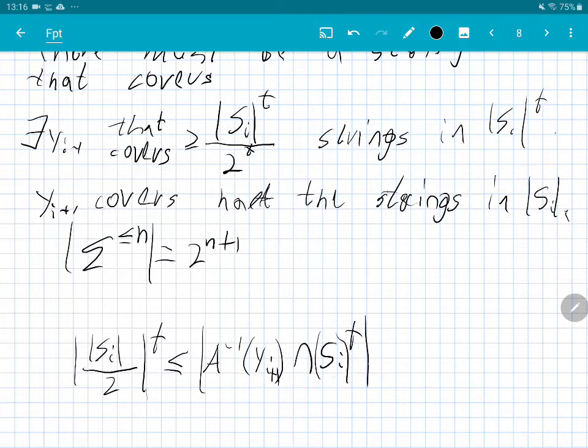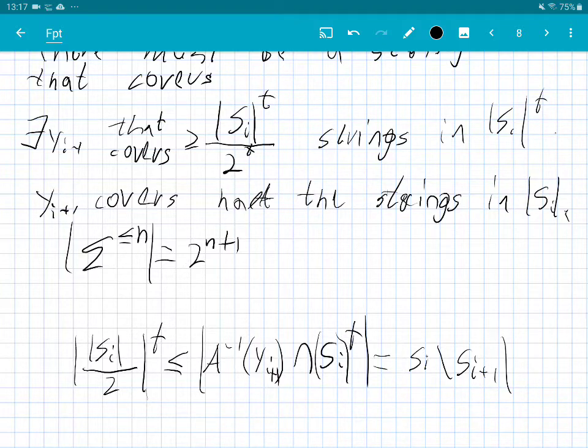But this, what is this? Well, this is all the tuples lost, right? So this is S_{i+1}. This is a bit confusing. This is Si minus S_{i+1}, right? Those are all the strings that got covered.